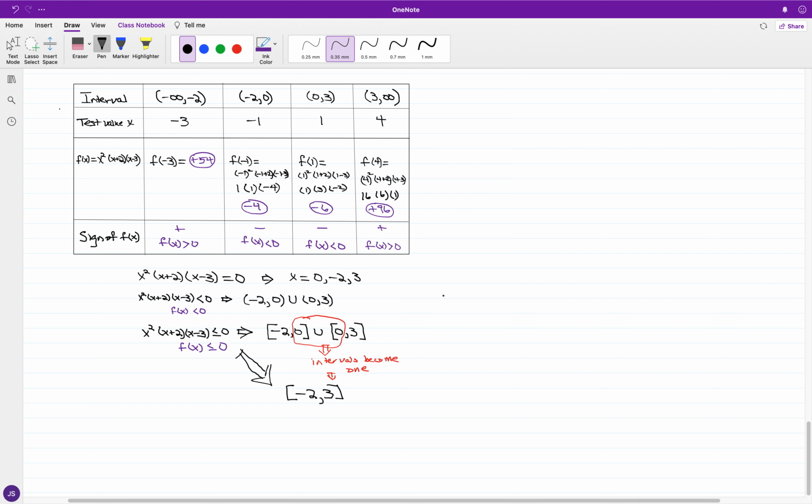And as for the rest, where I have going the other way, where I have x squared times the quantity of x plus 2 times that of x minus 3 is greater than 0, I have greater than 0 with the first and the last interval sections.